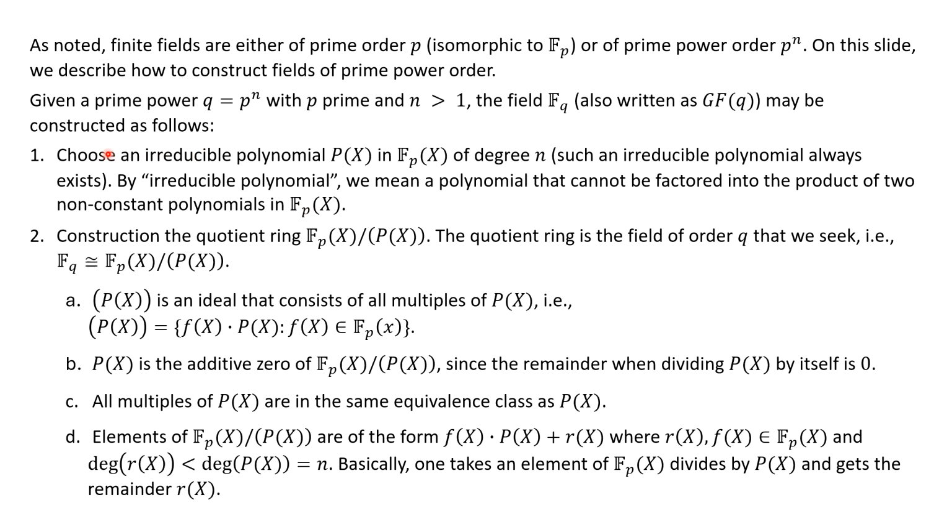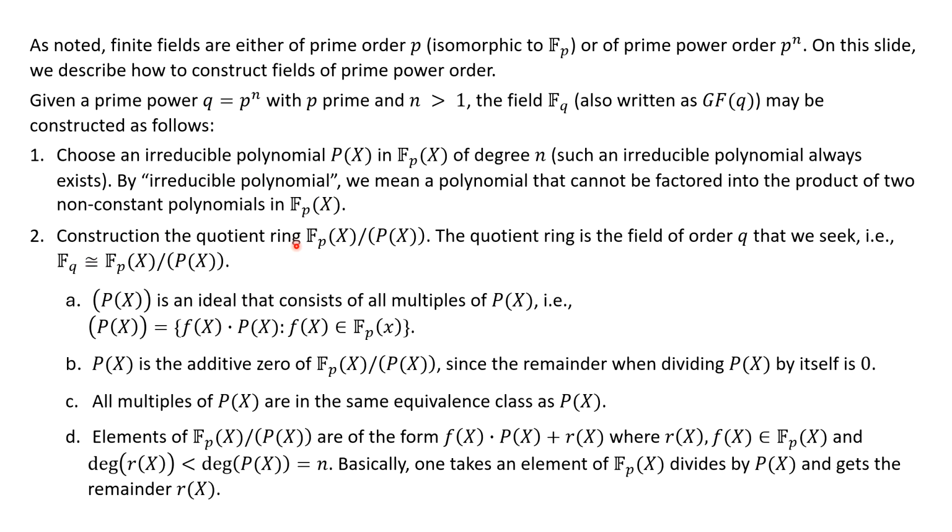The first step is to choose an irreducible polynomial p(x) in F_p[x] of degree n. Such an irreducible polynomial always exists. By irreducible polynomial, we mean a polynomial that cannot be factored into the product of two non-constant polynomials in F_p[x]. So we find that first.